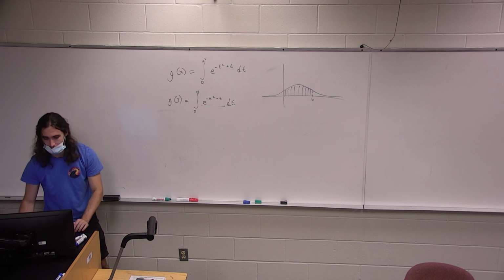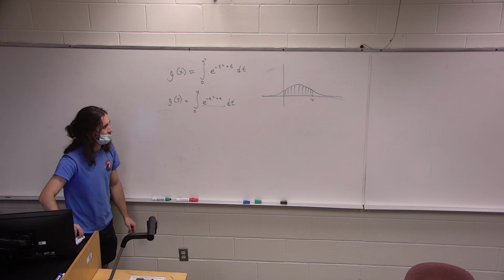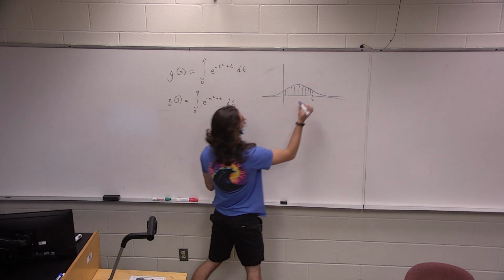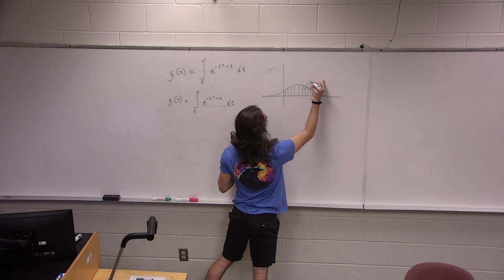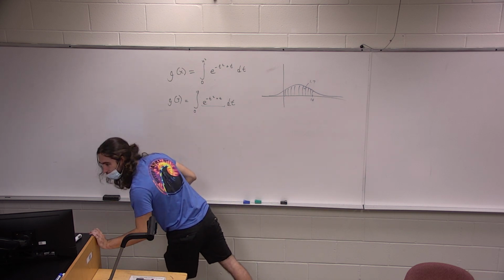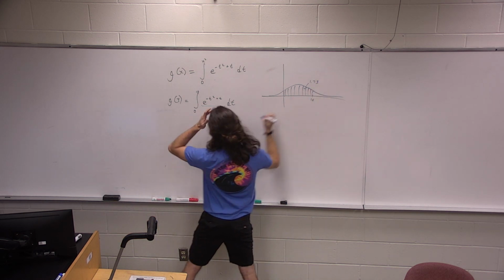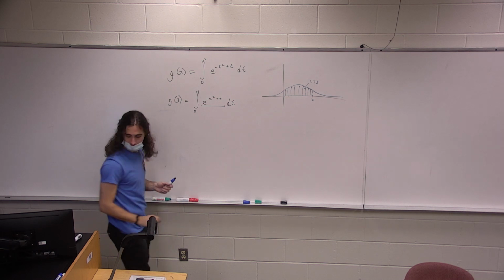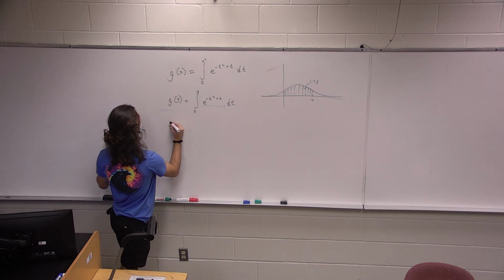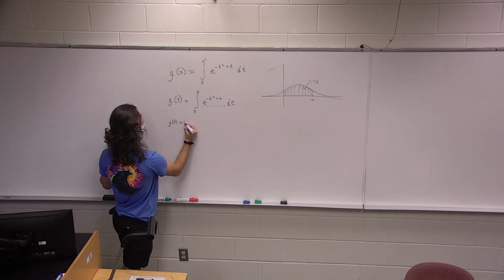There we go. It turns out that area is 1.73. So g of 4 is 1.73.